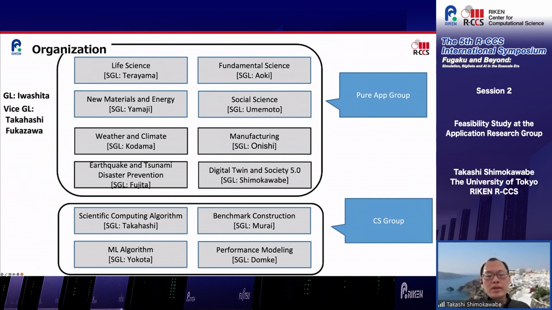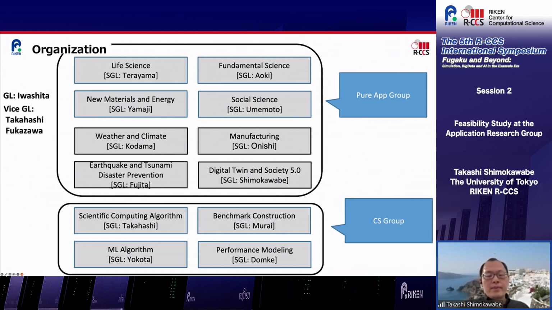In order to conduct these studies, we have adopted the organization shown in this slide. The entire application research group is divided into 12 subgroups.